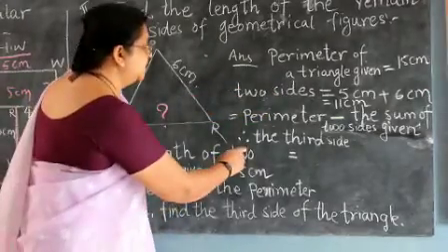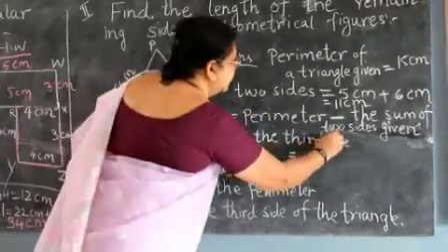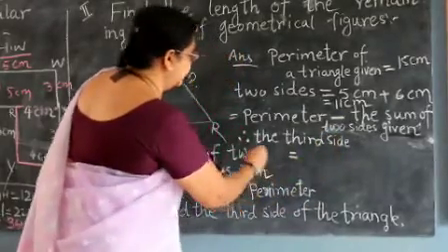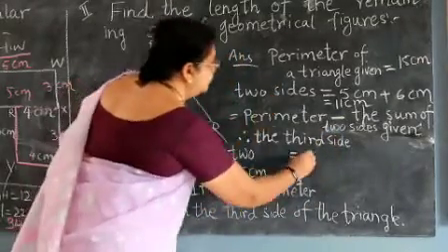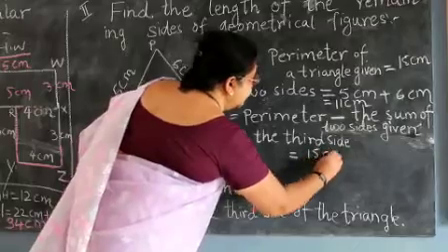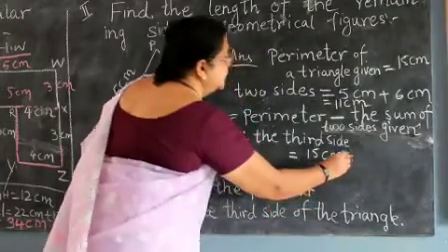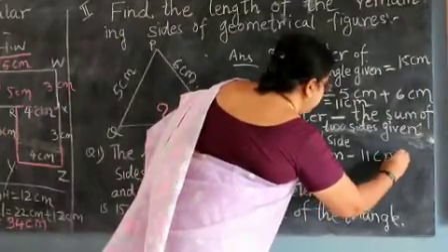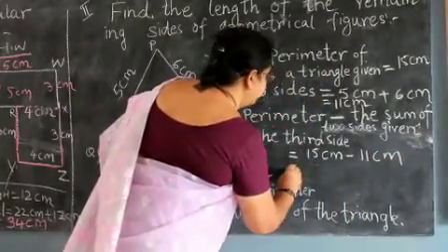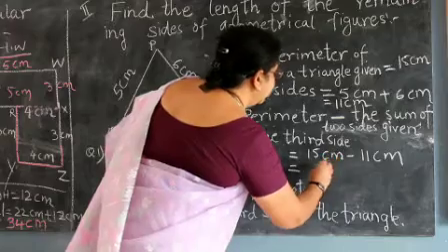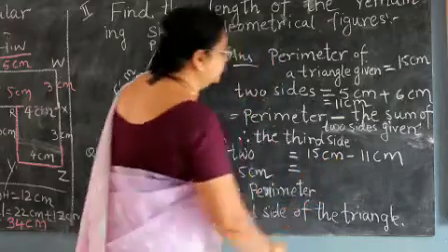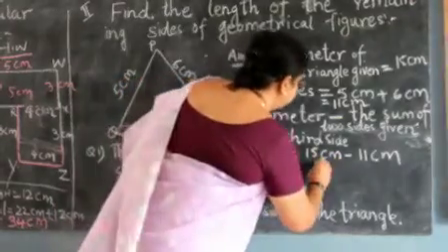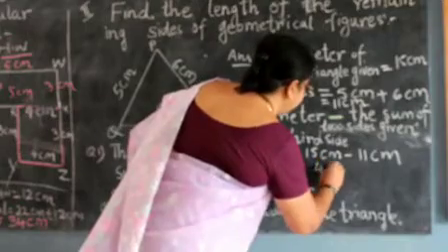So, very simple, the third side is equal to how much? 15 centimeter minus 11 centimeter is equal to how much, children? It will come to 4 centimeter.